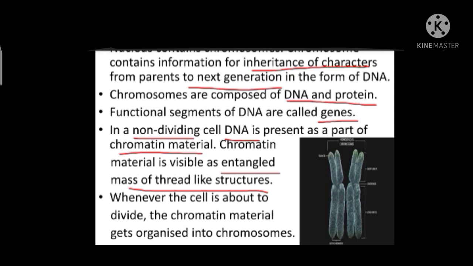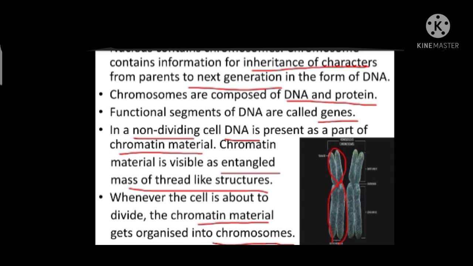But when the cell is about to divide, this chromatin material gets organized into chromosome. That is, this chromatin material gets highly coiled, closely coiled. As a result, it becomes a rod-like structure. In the picture, you are able to see this rod-like structure, isn't it?